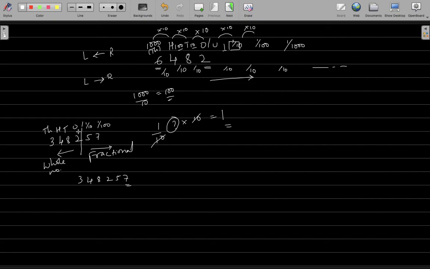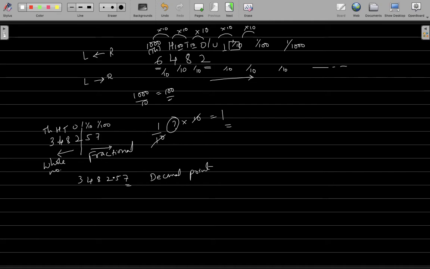So I need a partition that could exactly distinguish between the whole number positional values and the fractional positional values. And that partition is exactly what we call a decimal point. A decimal point is used to distinguish between the fractional positional values and the whole number positional values of a number.